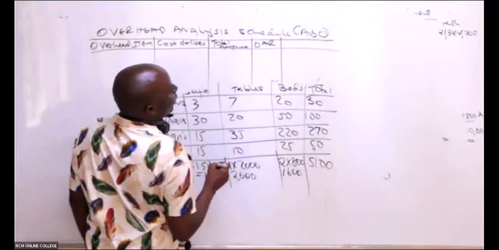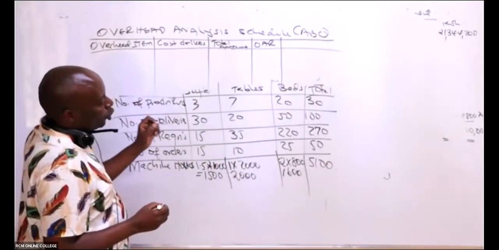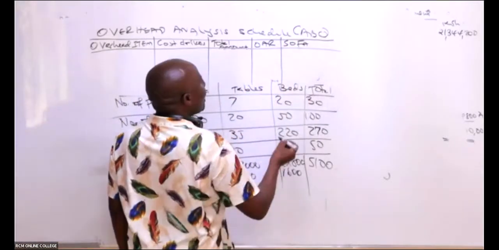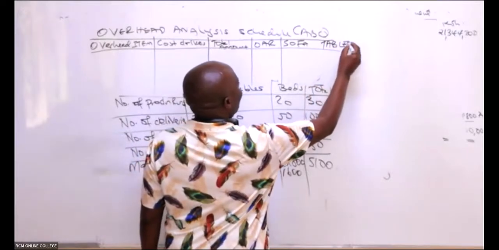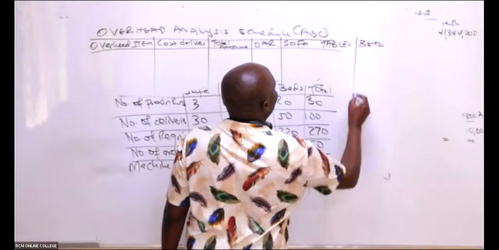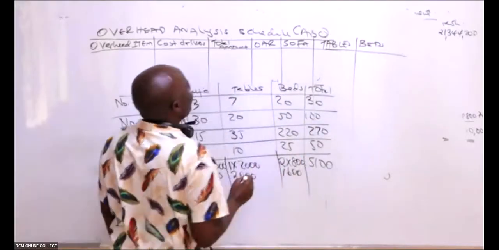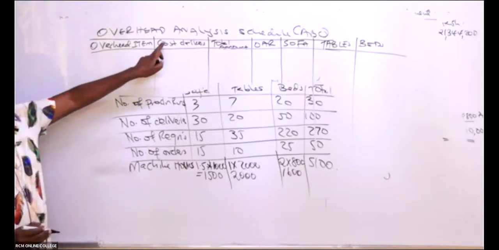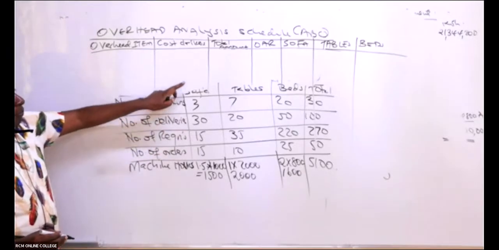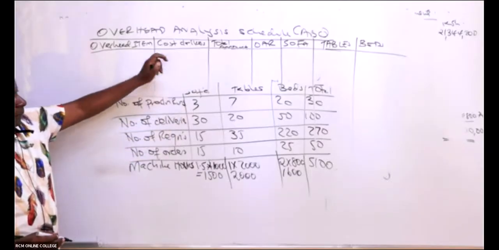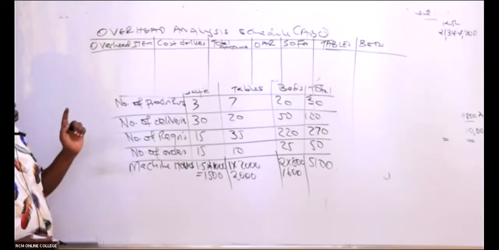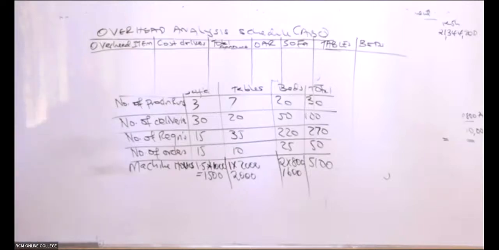Then you have your overhead being spread to the products, so we have tables, beds, like that. The cost driver connects the overhead to the products, so it will be very important for you to have cost drivers. Total amount, overhead absorption rate, then tables, beds, like that.